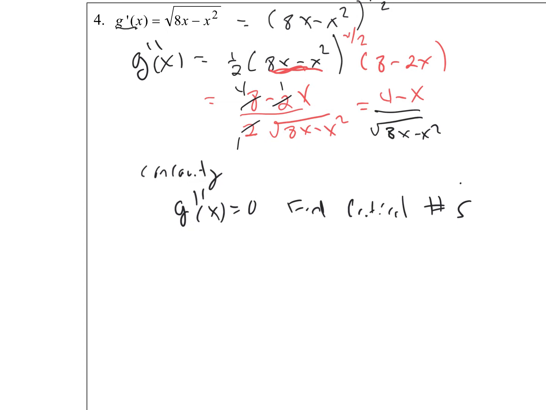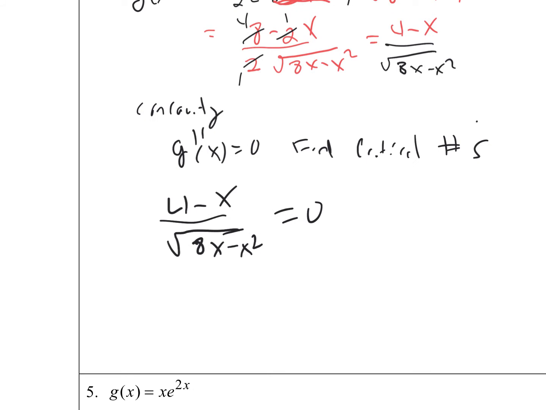I'm going to take my second derivative, 4 minus x over the square root of 8x minus x squared, and set that equal to 0. And before I even do any work, you do agree that there is a place possibly where the derivative could be 0. So you need to check this denominator before I even multiply both sides by it. Let's check for an undefined second derivative.